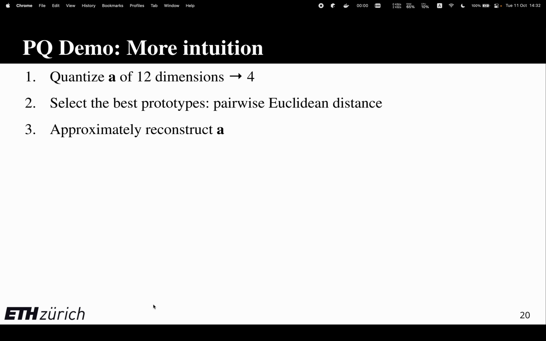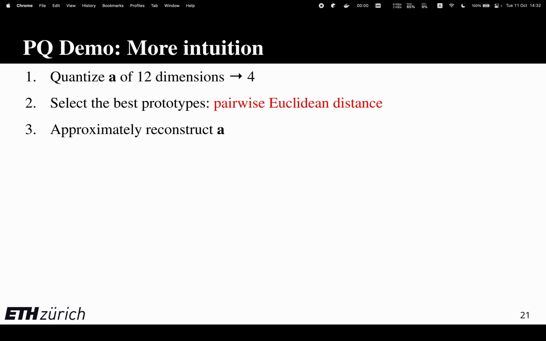Okay, so this is just to give a brief intuition as to what exactly is happening in product quantization. Now, who can tell me what would be the bottleneck in these three steps? Finding the prototype. That's exactly correct. The bottleneck is finding the best prototype.